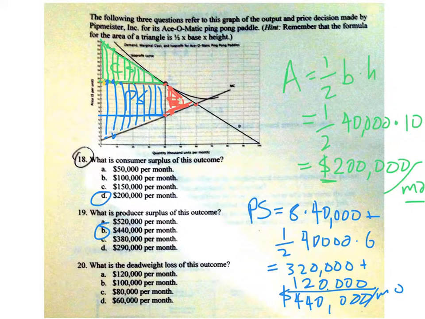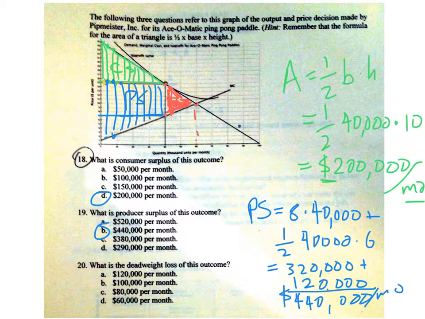So there's all this red area here, the gains from trade that didn't occur in the market outcome relative to the efficient total surplus. So that's the gains from trade that didn't happen because we fell short of producing the efficient outcome in this market. And that's another area of a triangle.